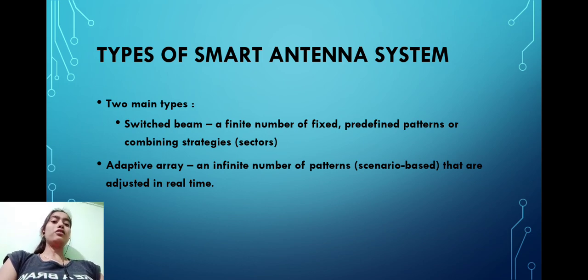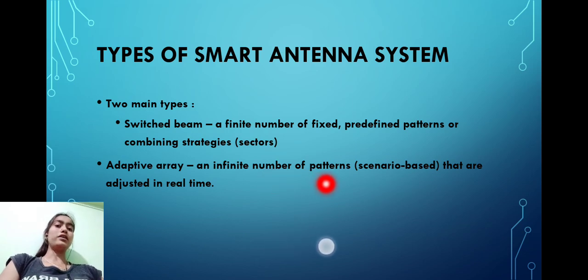The radiation pattern of each antenna will overlap with each other and have a fixed amplitude. Each radiation pattern will have a fixed amplitude, and the antenna will select one of the patterns from all the patterns. Adaptive array antenna is basically a smart antenna.